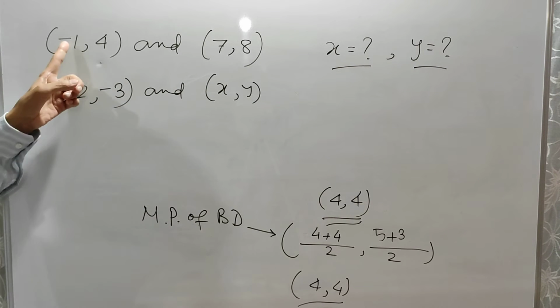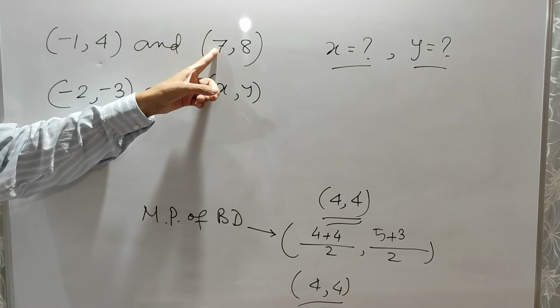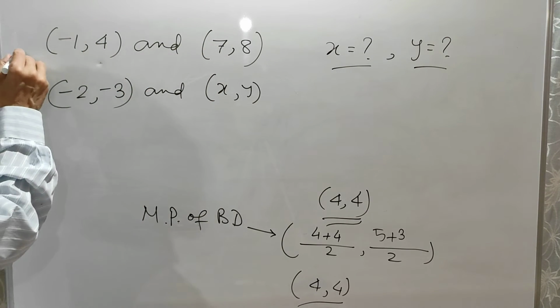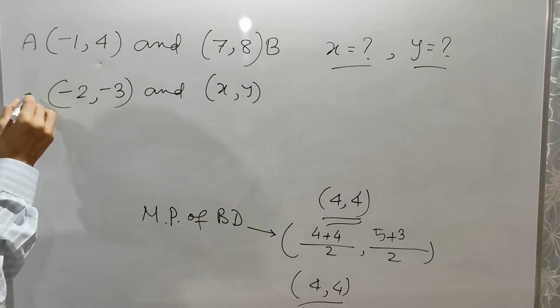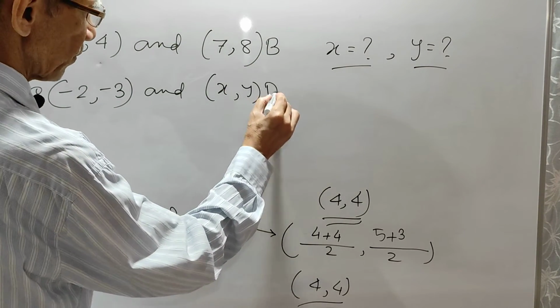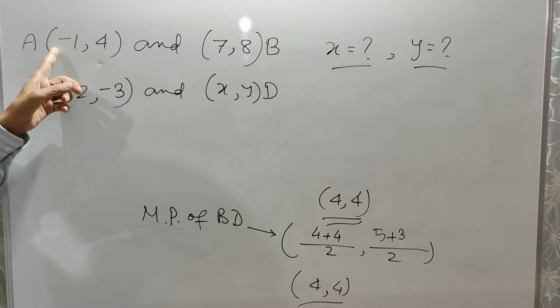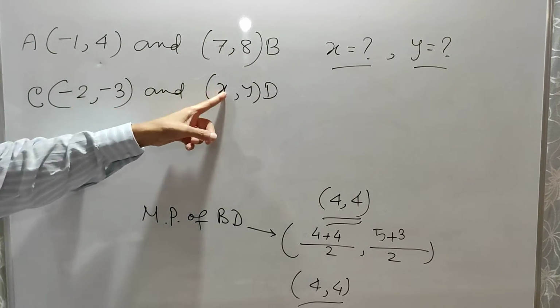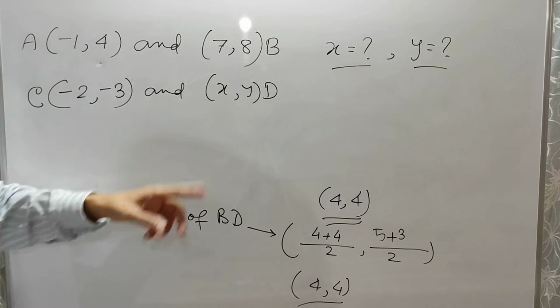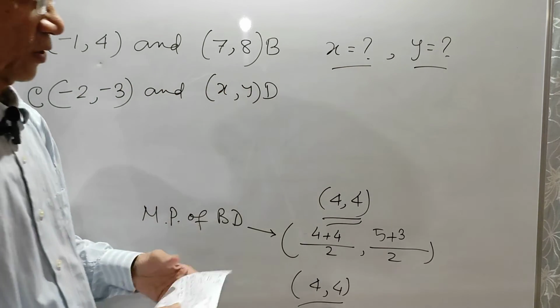The question is this: the line joining these 2 points, suppose we call it AB. So this is point A, this point B. And suppose this point C, this point D. So line joining these 2 points, that means AB, and line joining these 2 points, that means CD. So AB and CD bisect each other.